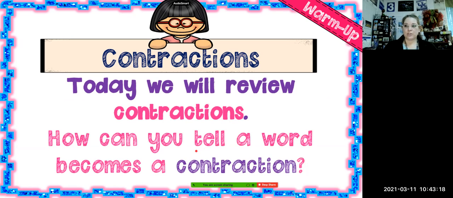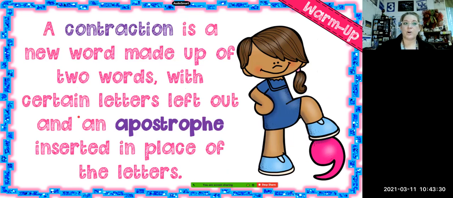How can you tell a word becomes a contraction? So a contraction is a new word made up of two words, and certain letters are left out, and an apostrophe is inserted in the place of those missing letters.